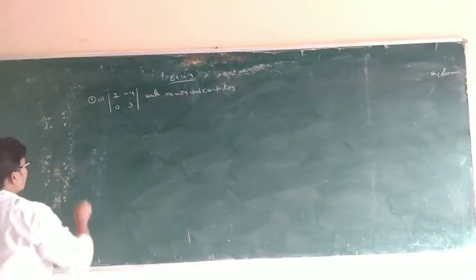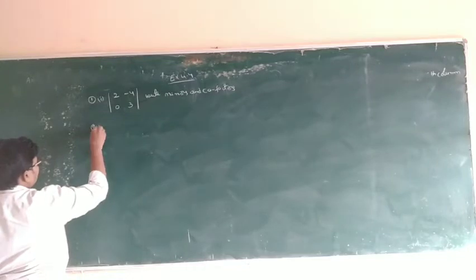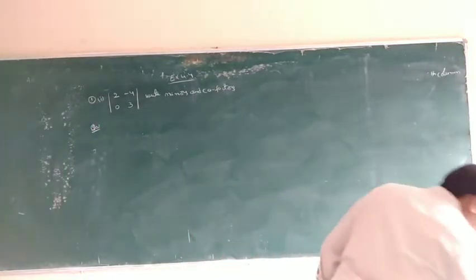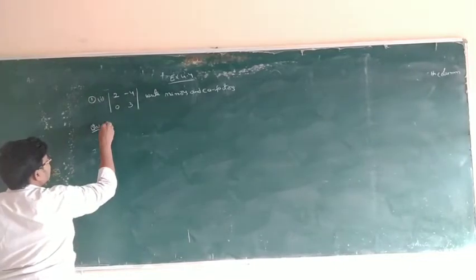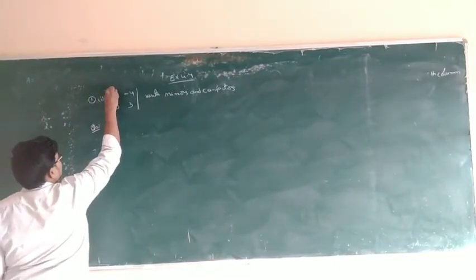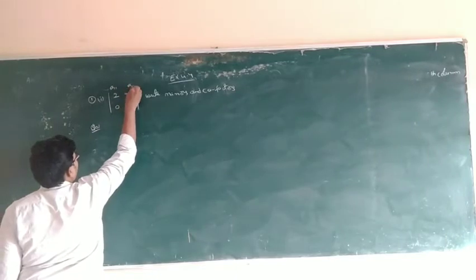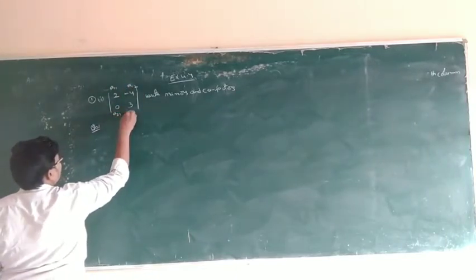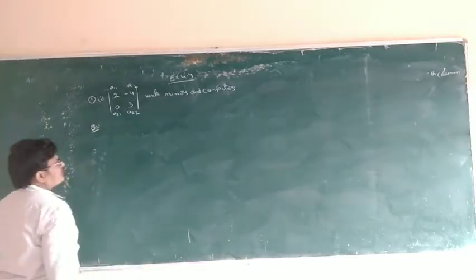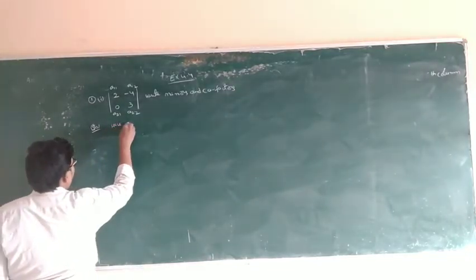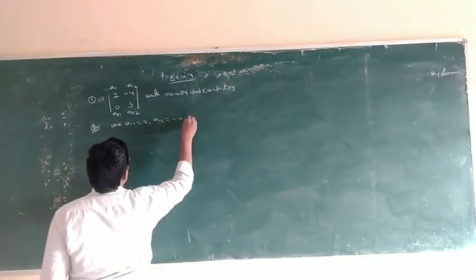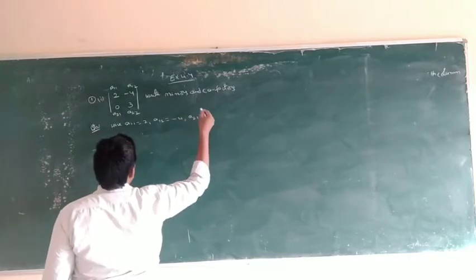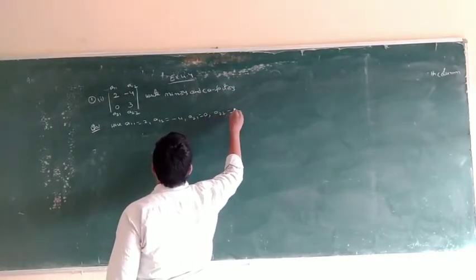First, the minor. Solution: this is A11, A12, A21, A22. Here A11 is equal to 2, A12 is equal to minus 4, A21 is equal to 0, A22 is equal to 3.